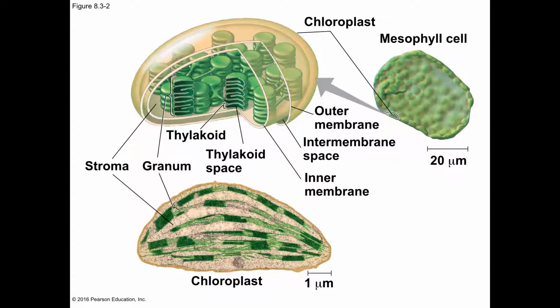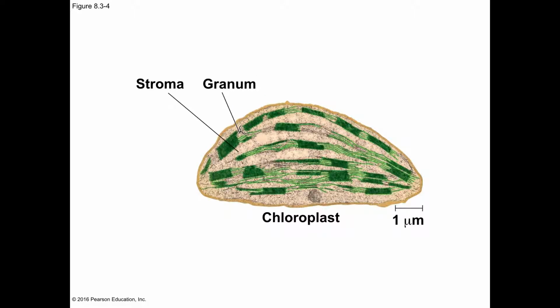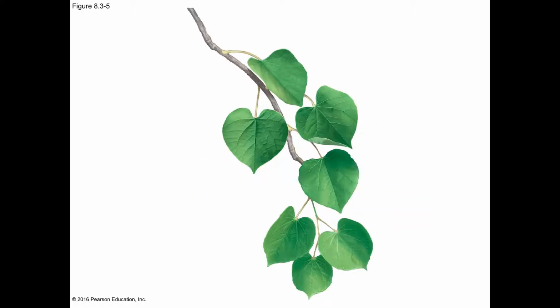The stroma is all over the place. As you can see here, the mesophyll cell is around a 50 by 50 micrometer size, which makes sense considering that they hold about 30 to 40 chloroplasts. That's more than enough space. And this is just another perspective view of the chloroplast. And leaves.